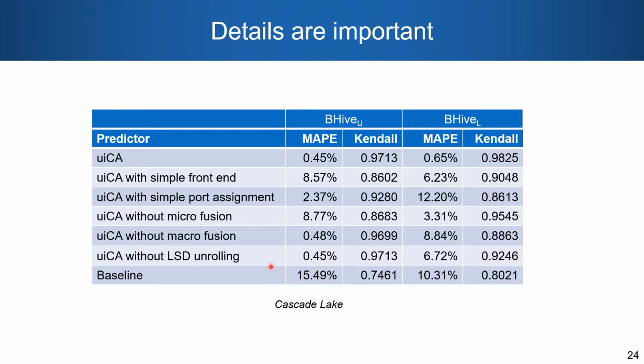For example, for the loop stream detector unrolling, which is a relatively obscure feature on which there is very little documentation available, you can see that this applies only to loop-based benchmarks, but it leads to an increase in the average error by more than an order of magnitude if it is not modeled.